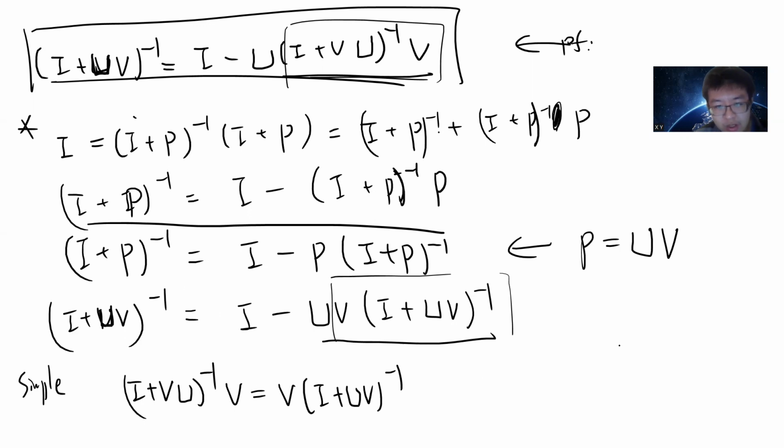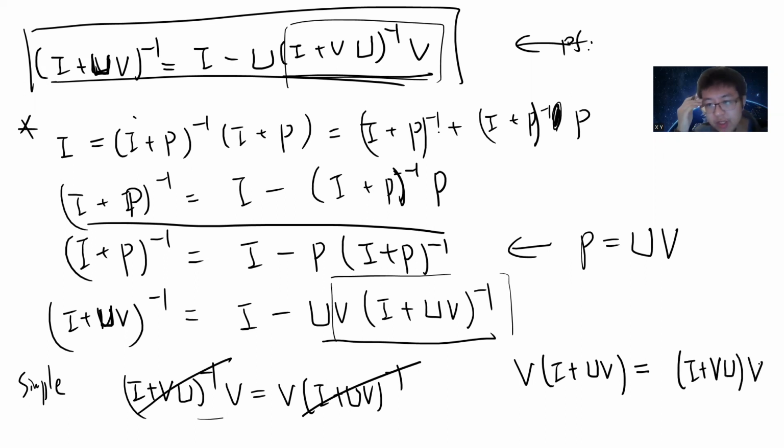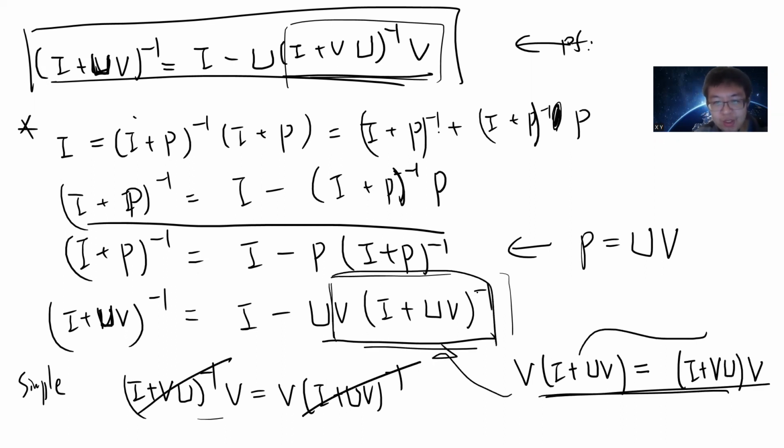If you multiply this on the right-hand side, and multiply that on the left-hand side, you will get that (I + VU) V is actually equal to V (I + UV). So simple, right? These two are the same. Basically, you start from here, do the inverse, and then you can replace this one with that one. That finishes the proof.